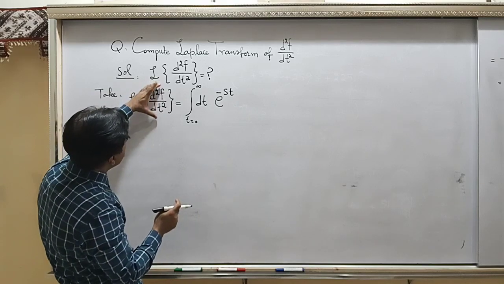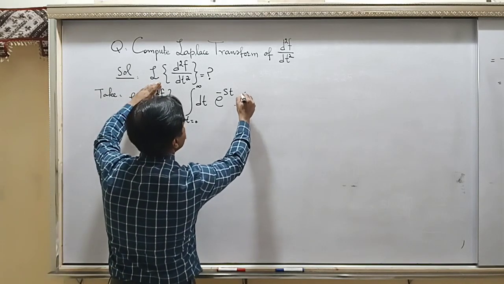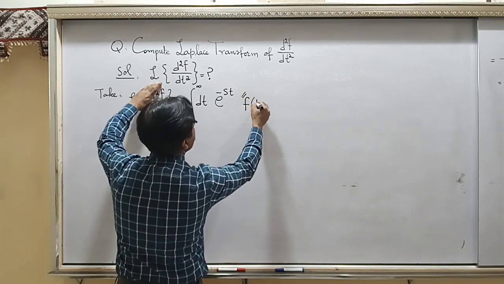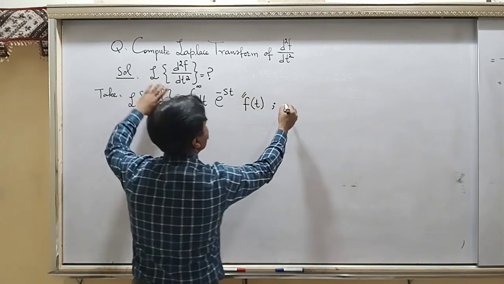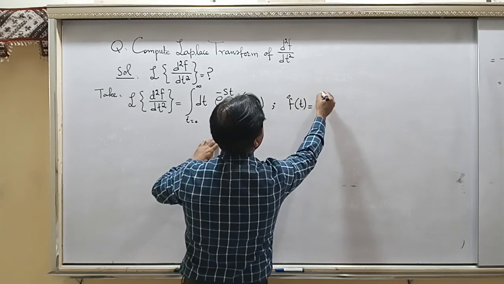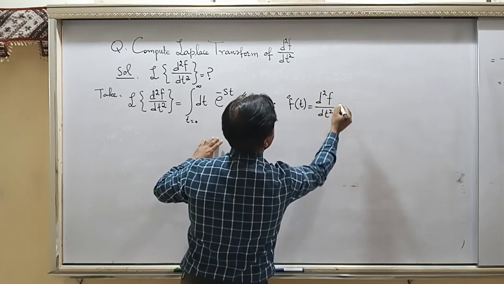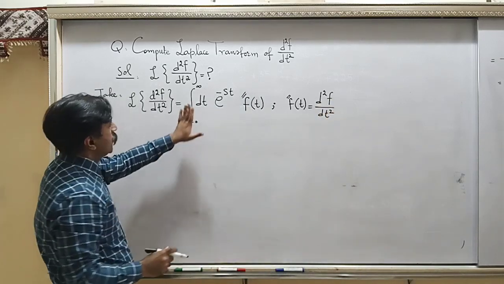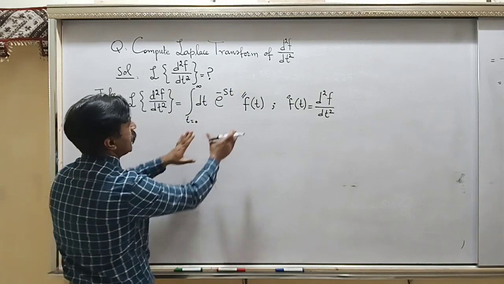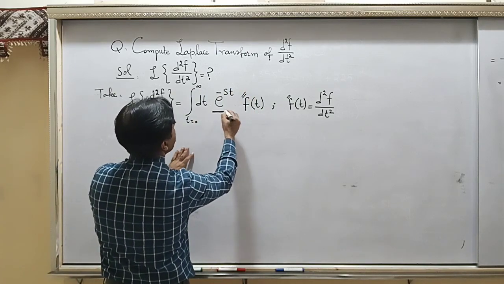In simple notation this is f double prime t, which is d2f by dt square.